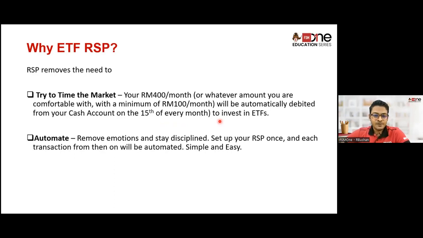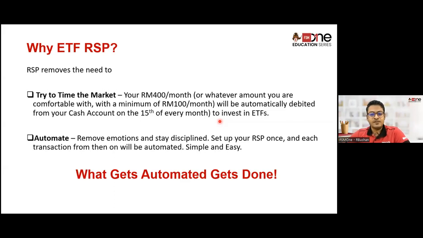I've done all my research, I've done my homework, I've selected my ETFs, and I've constructed my portfolio. Now I just want to consistently build that portfolio over time and let it grow. So the less work there is to be done, the better. Why? Because what gets automated gets done.